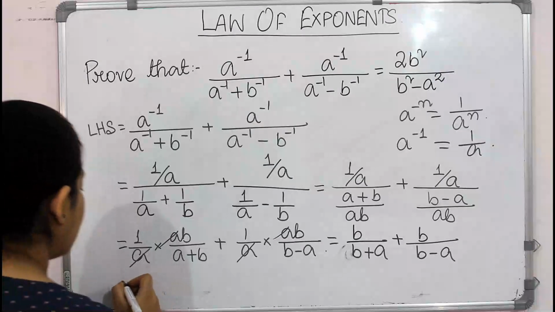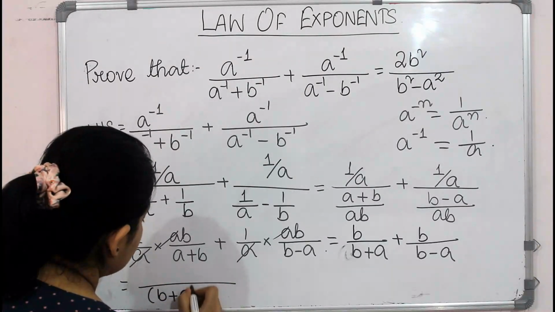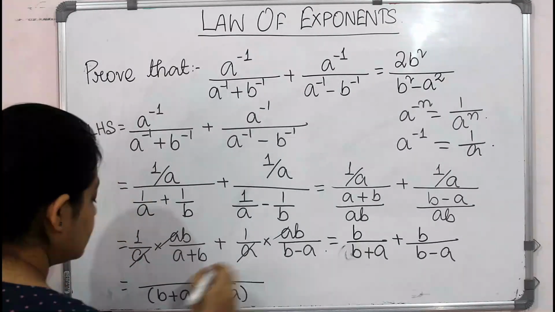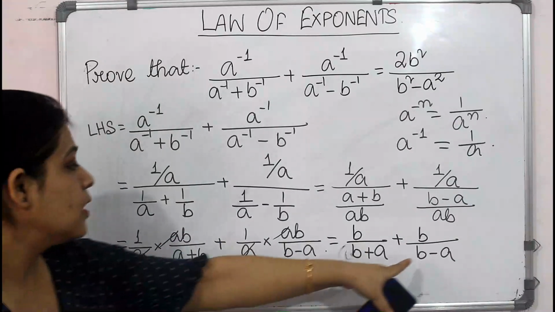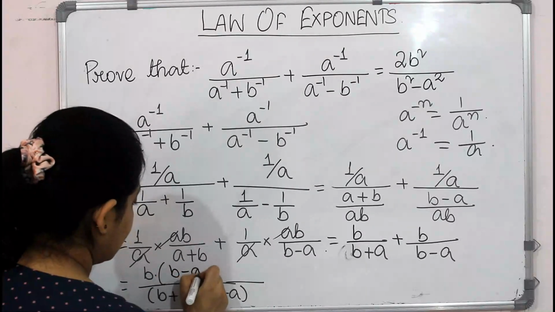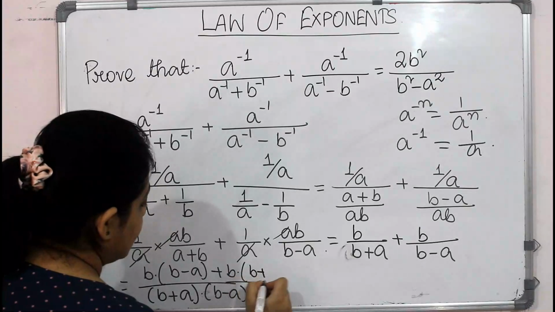So what will be the LCM? b plus a into b minus a. Okay, so here let us take b as common: b into b minus a, plus b into b plus a.